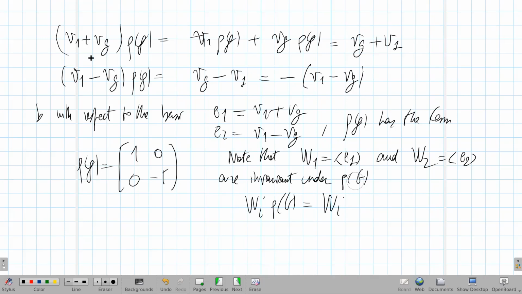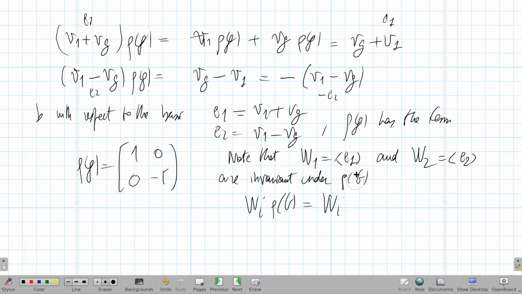This is clear because this is E1 and under rho g goes to E1, and this is E2 and under rho g goes to minus E2, which of course is in the space generated by E2, which is just the set of all scalar multiples.